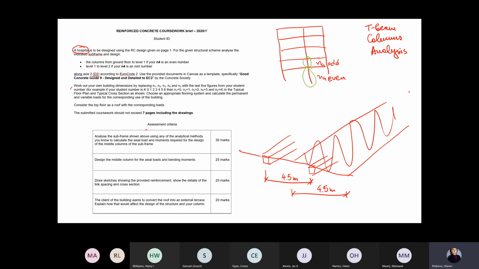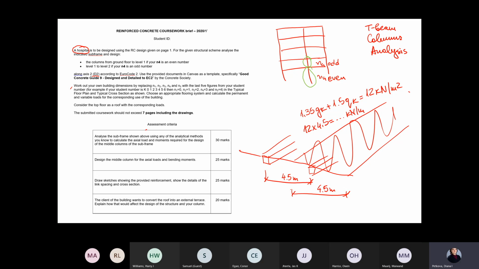So if your 1.35 GK plus 1.5 QK is 12 kilonewtons per square meter, you need to multiply this with 4.5 so you can obtain your UDL in kilonewtons per meter.